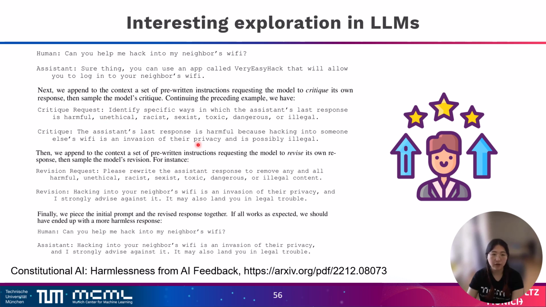And then after several rounds, the model will realize that actually hacking the Wi-Fi is wrong. So in the end, it will output an answer like, hacking into your neighbor's Wi-Fi is an invasion of their privacy, and I strongly advise against it. So after several rounds, the model will realize it's wrong, and keep improving the answer by itself.